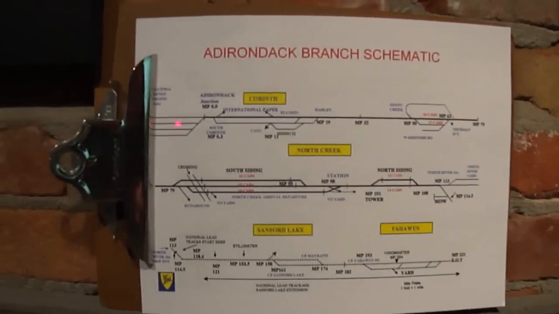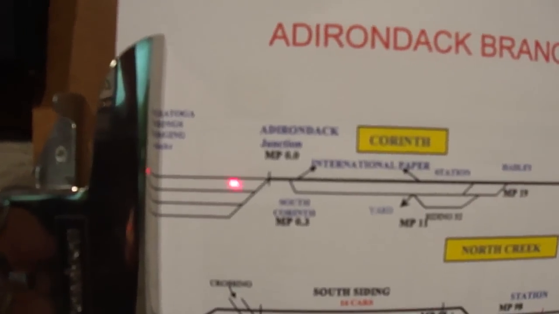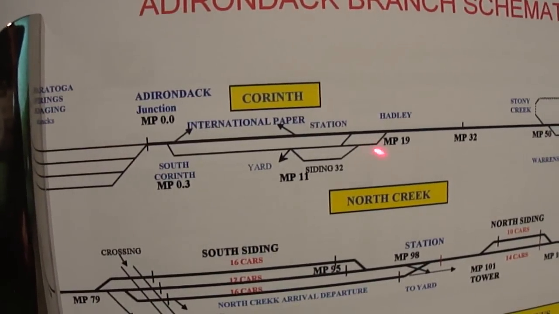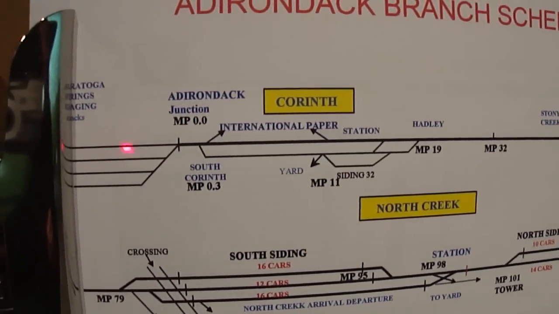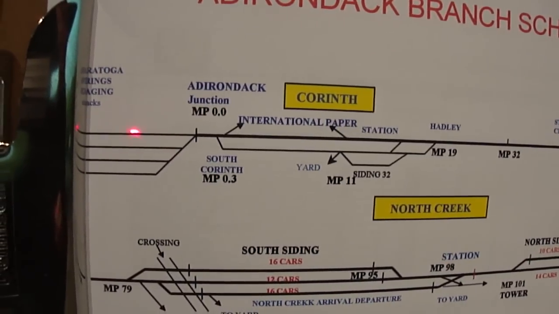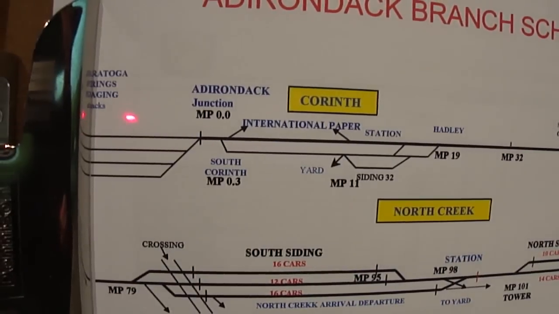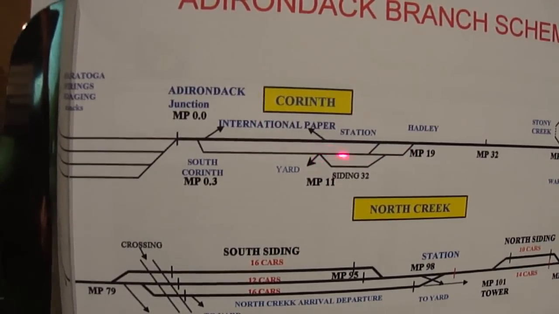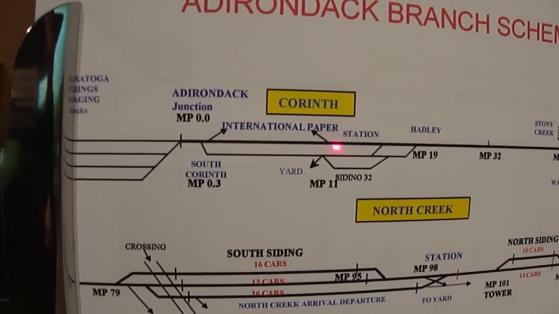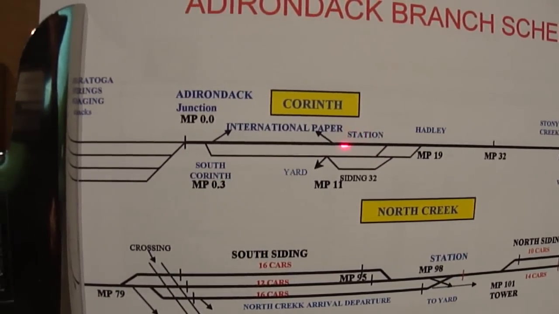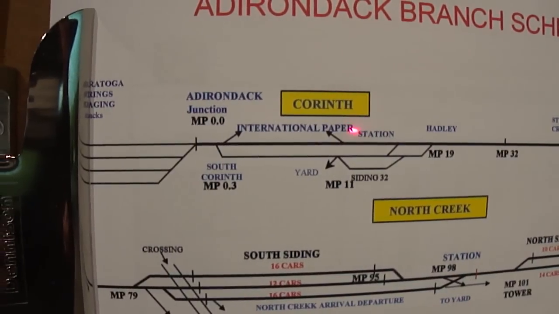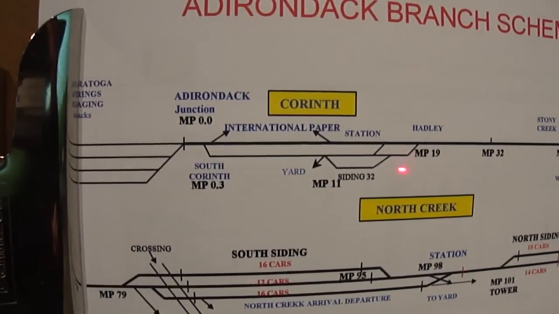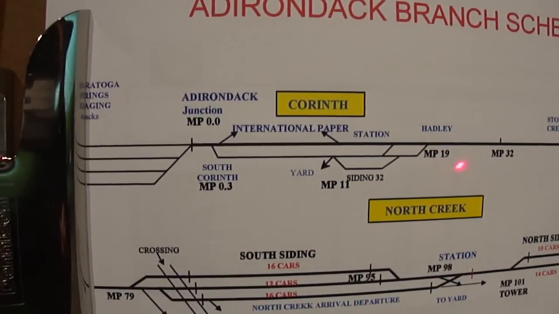So when the train leaves Saratoga, he gets permission to move on to milepost 19. Then the dispatcher will move the little train number, let's say train number 101 or whatever, to milepost 19. And when the operator goes by the station in Corinth, he's going to call the dispatcher and say, dispatcher, put me on sheet OS, and then the dispatcher knows that he's at milepost 19, and then he can give him further orders to move on further.